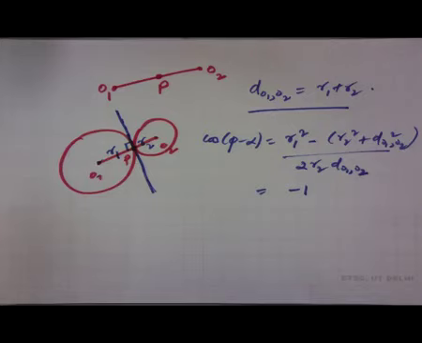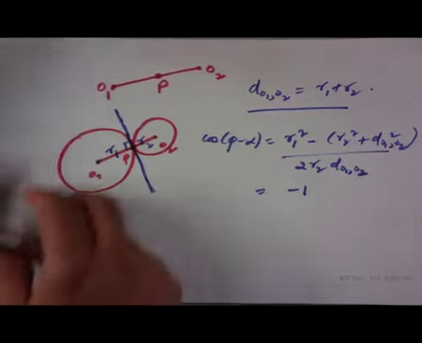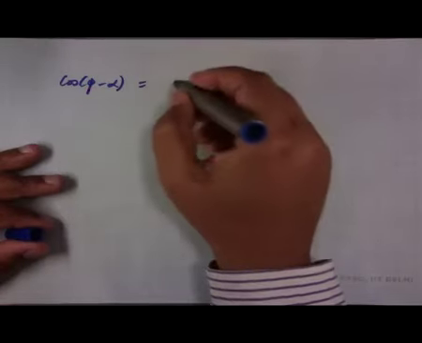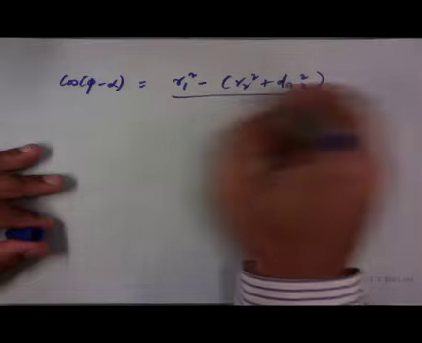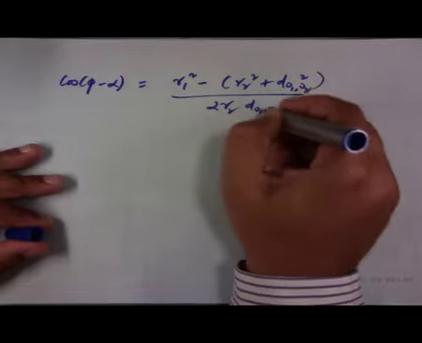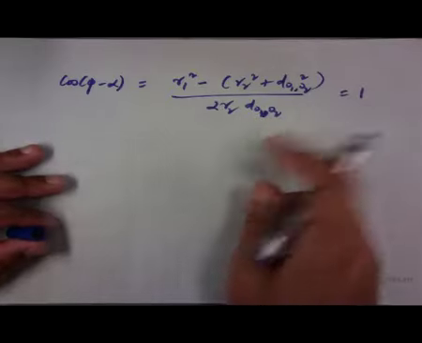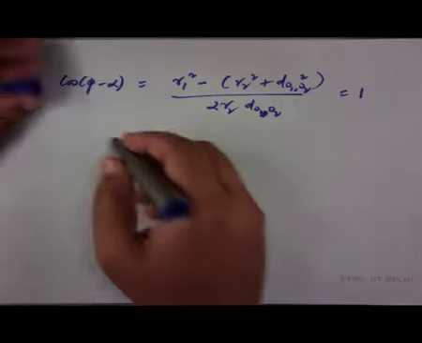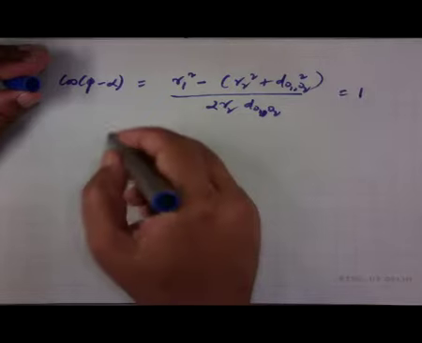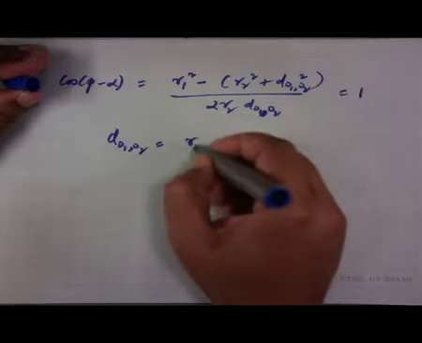In a similar manner, and this can be left as an exercise for the students, if we equate the right hand side of this equation to plus 1, because we have seen the minus 1 case earlier, then we can show that the distance between the two centers is equal to R1 minus R2.